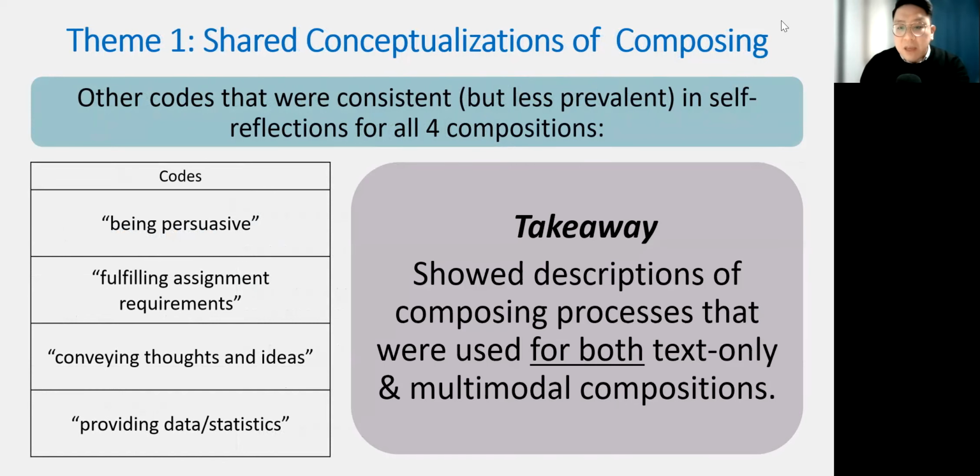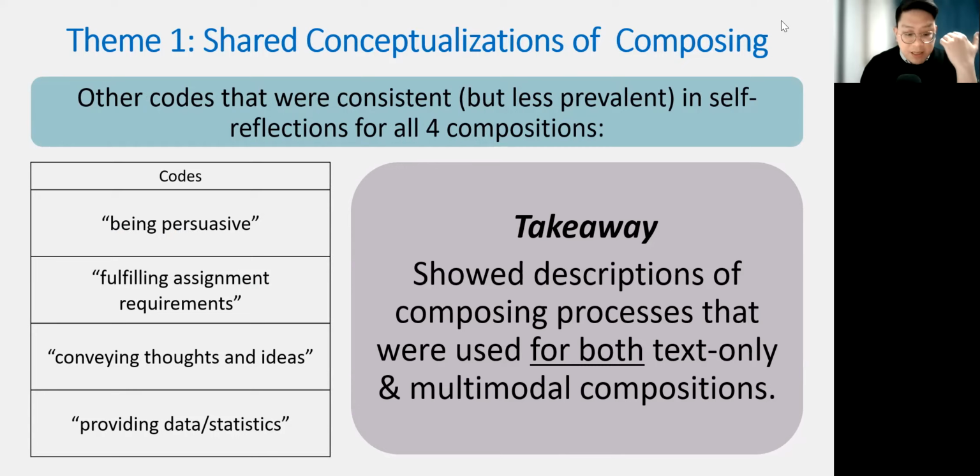And for me, the main takeaway was that in their self-reflections, the students were describing composing processes. They had these shared descriptions of the composing processes that were for both text-only and multimodal compositions.